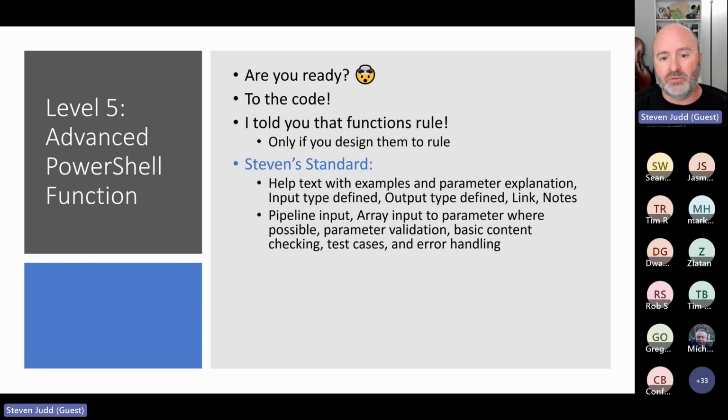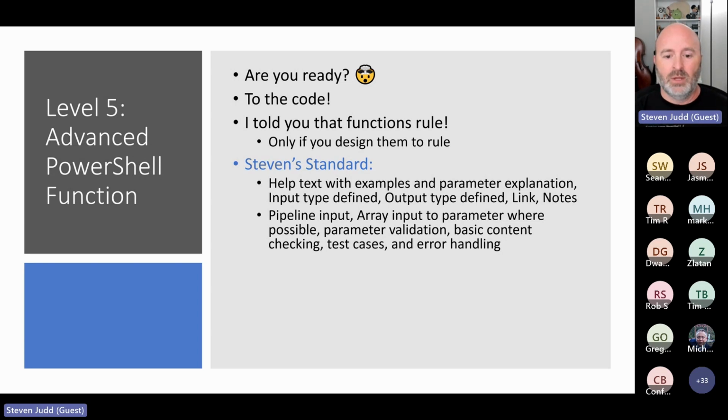The other thing is you want to have pipeline input, and you want to have array input to a parameter. Because pipelines, although they're awesome and I love them, can be slow, especially if you're sending a lot of data across the pipeline.